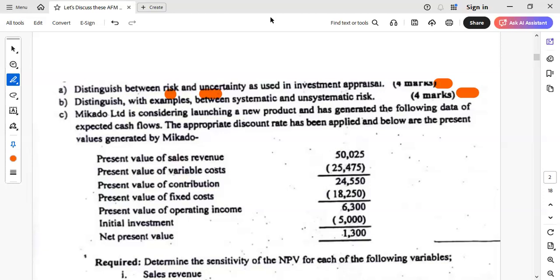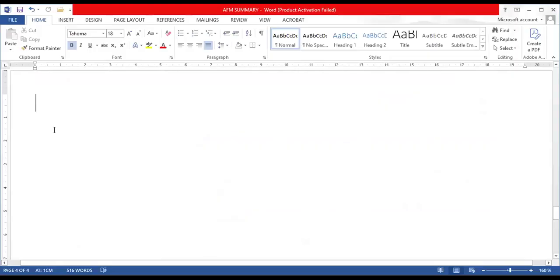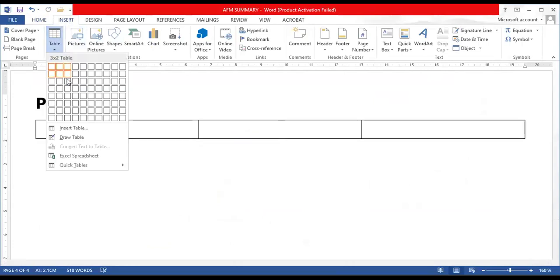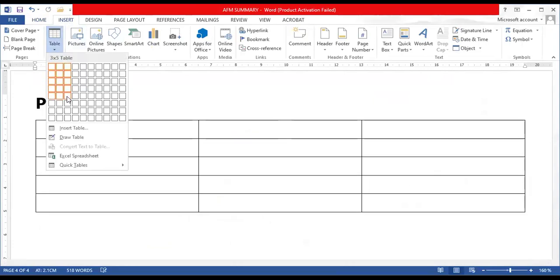Part A of the question. I can do it in a table format for me, but for you in an exam, you can use the paragraphs.